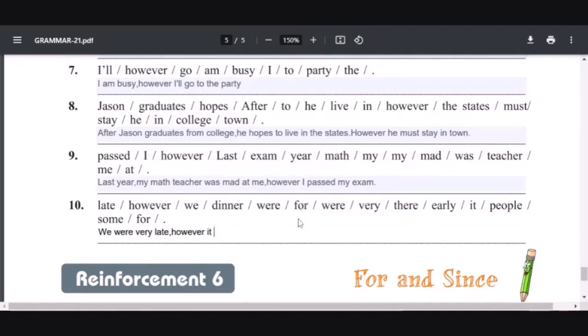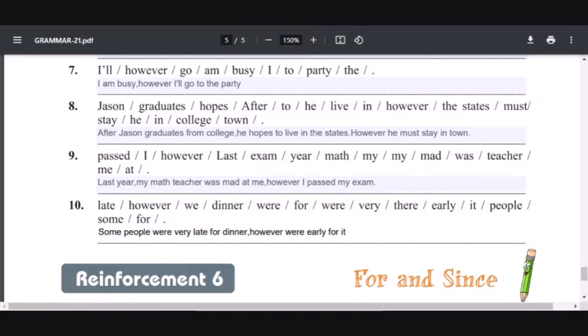Maybe we can say people were very late. No. They are late. We have early. Maybe people were very late. However, we were early for it. People were very late for dinner. Some people. We can put some people. Algunas personas. Some people were very late for dinner. However, we were early for it.